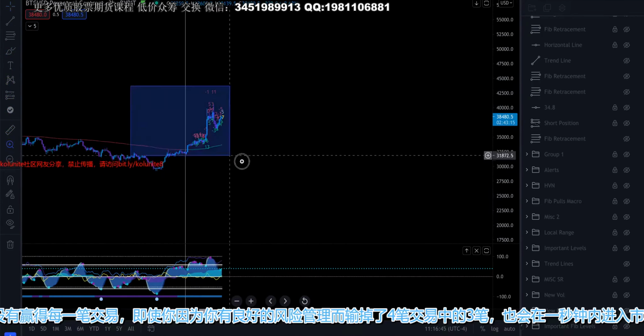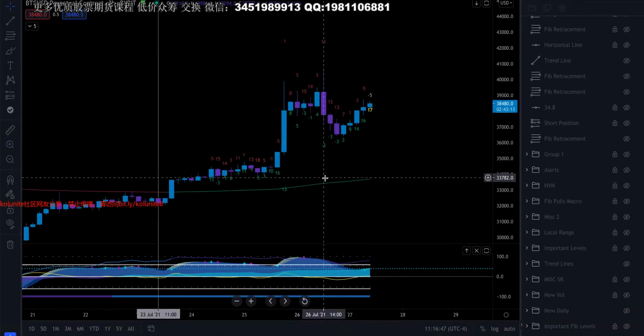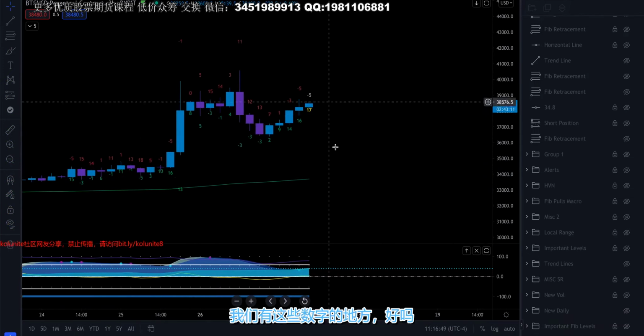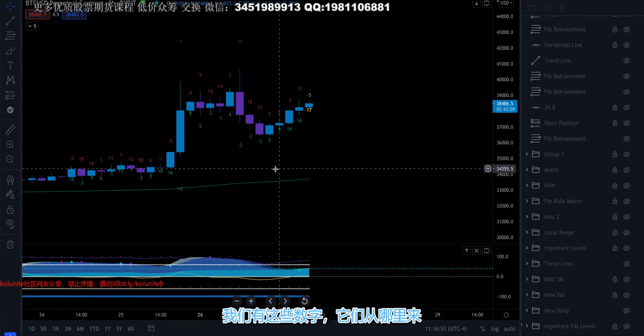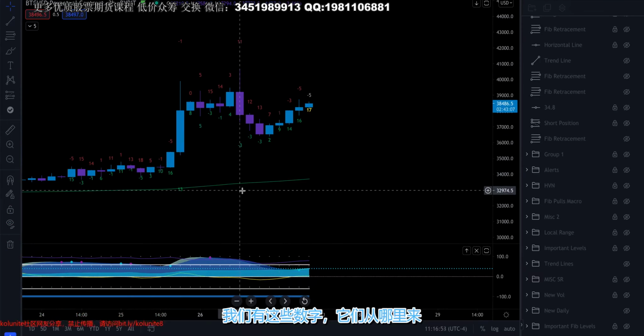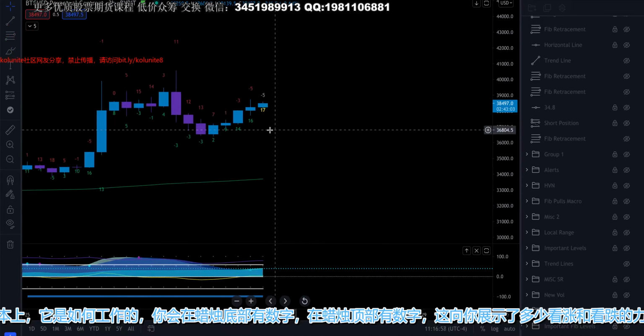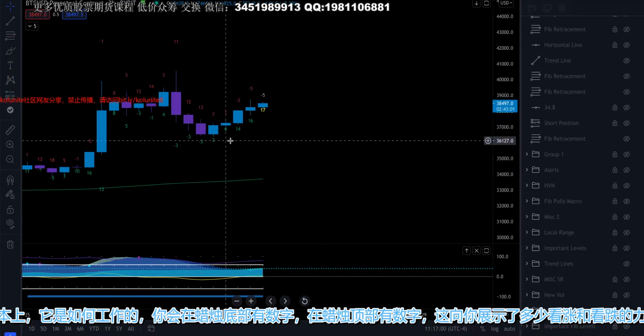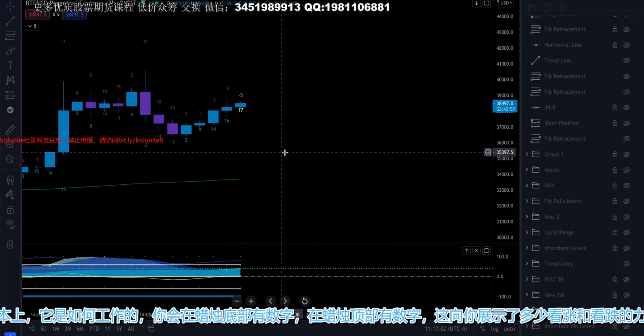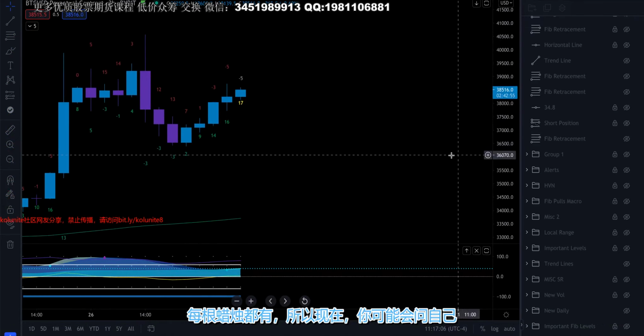Now, the second aspect of Market Cipher DBSI is what we have right here, where we have these numbers, okay? Basically how it works is you will have numbers on the bottom of a candle and numbers on the top of a candle. And this is showing you how much bullish and bearish strength there is per candle.